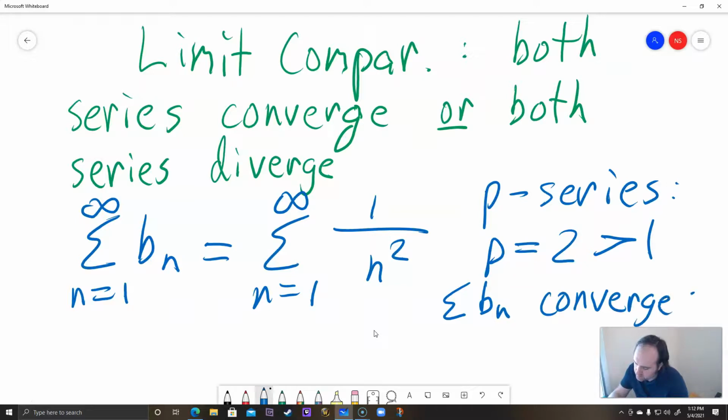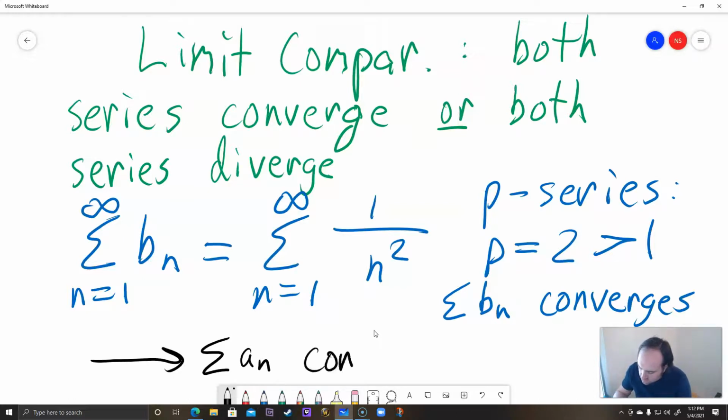Okay, the sum of Bn converges, but then by the limit comparison test, either both series converge or both series diverge. So since the sum of Bn converges, that means the sum of An also converges.